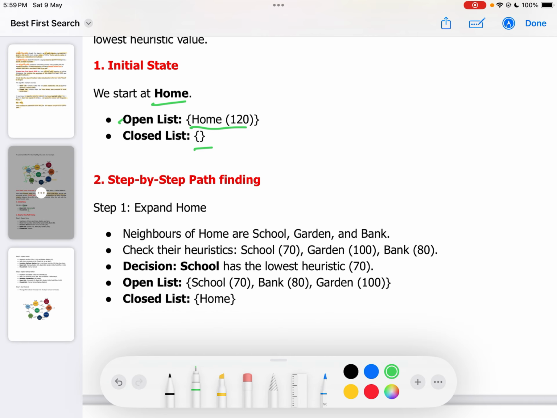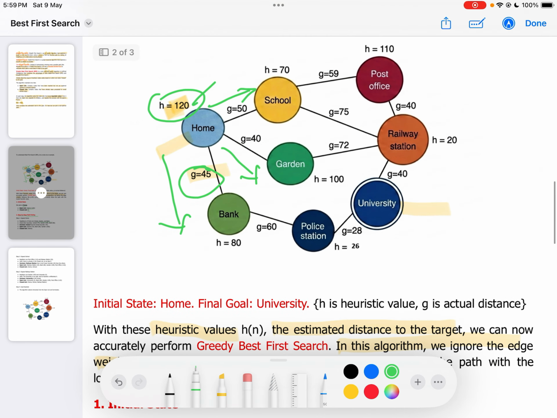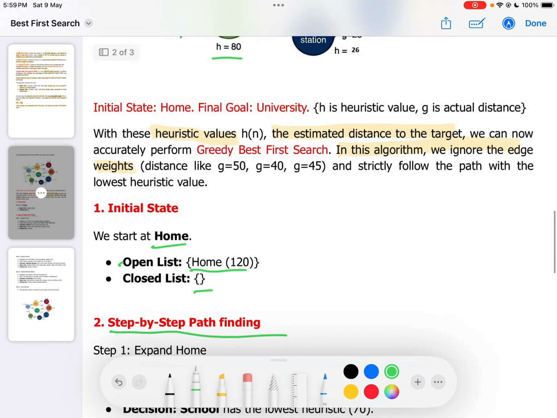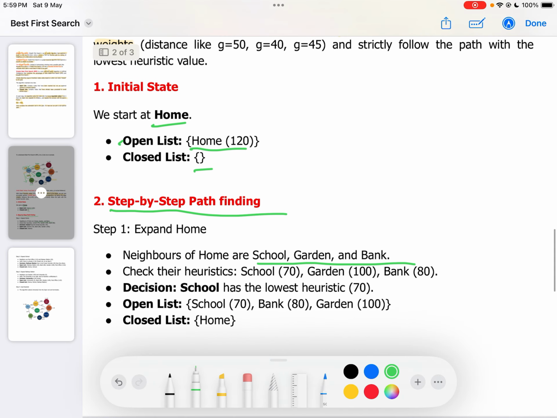We'll go step by step in pathfinding. The neighbors are, as I said, school, garden, and bank. Check their heuristics. Bank is 80, garden is 100, school is 70. So the least is school.